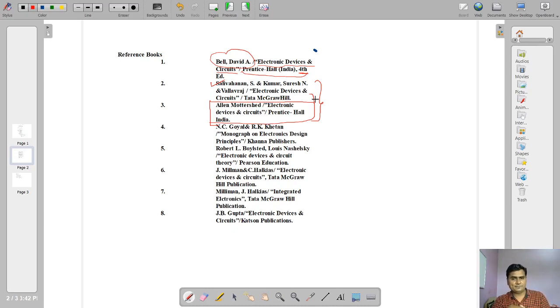The fourth book, by Ketan Goel, is strictly related to design. You will find the best design methodologies in the fourth book, a monograph on electronic design principles.